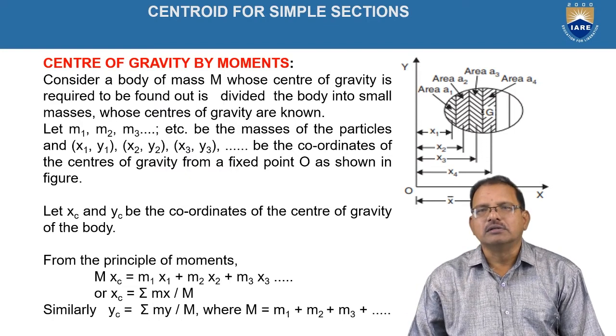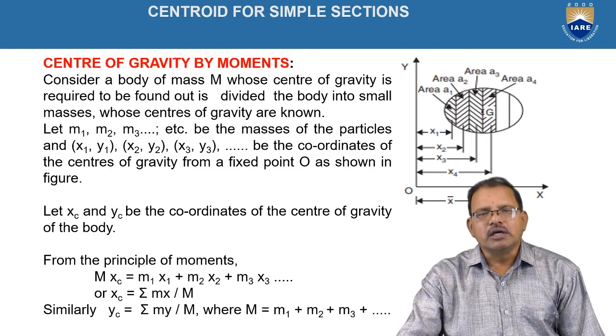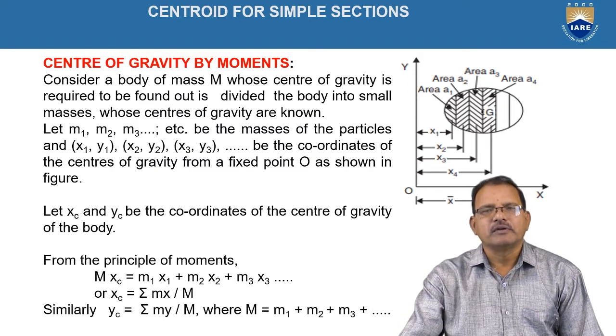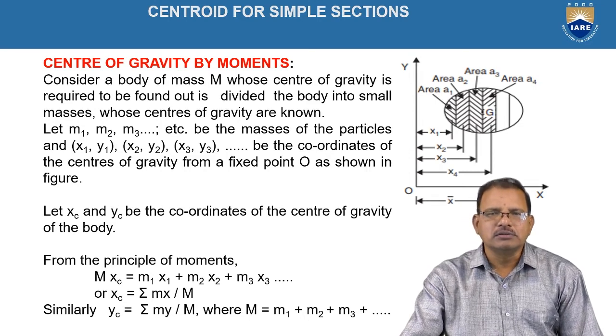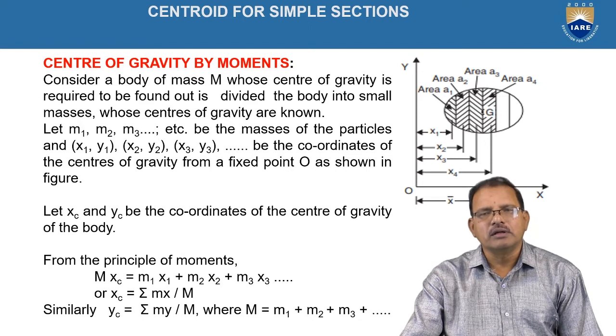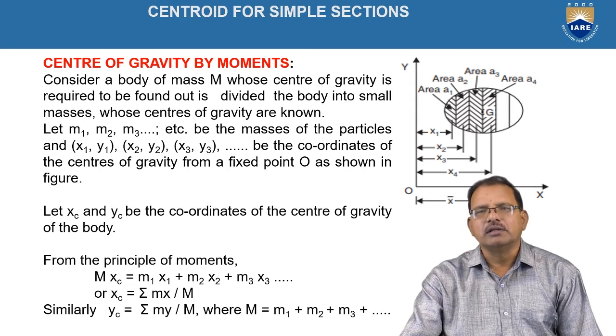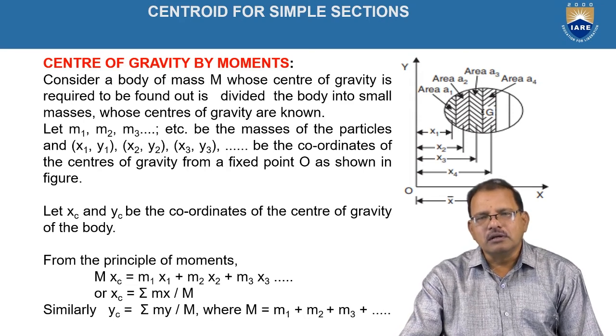According to that relation, the x coordinate of centroid is given by xc, which is equal to sigma of mx divided by capital M, where capital M stands for the total mass of the system, or it can also be written as sigma of wx divided by W, where capital W is the weight of the object, and small m is the mass of each element into which the body is divided into several parts.